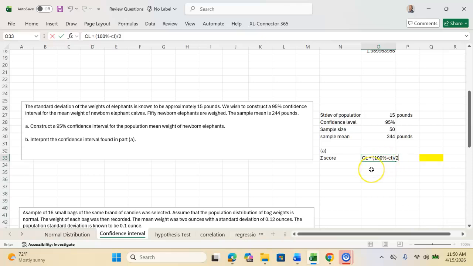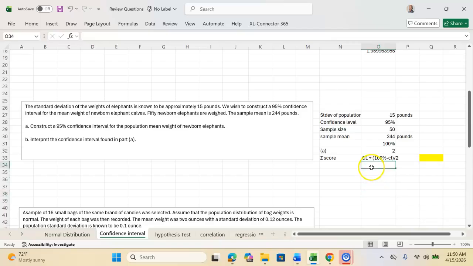Before we do that, let me put down 100% and the 2, which we're going to use in our formula.